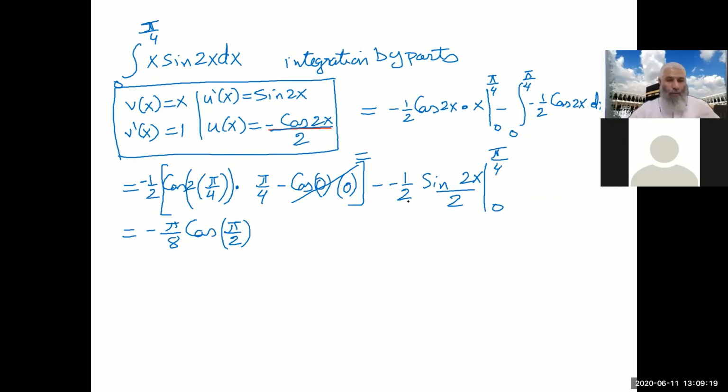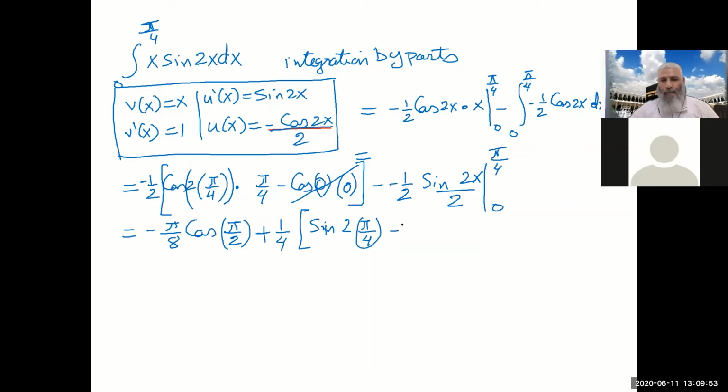Now, minus is positive, right? And 1 over 2 multiply 2 here. This is 1 over 4. Now, sine 2x, where x is pi over 4, right?